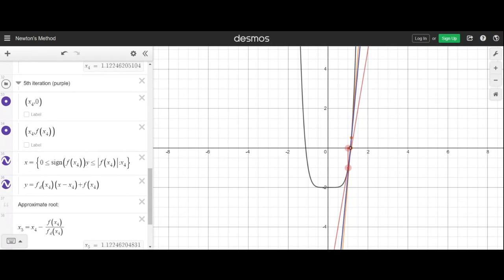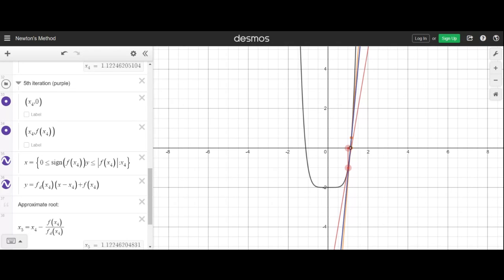Iteration means just x sub n plus 1 equals x sub n minus the quotient of the function of x sub n divided by the derivative of the function of x sub n. That's what an iteration is of Newton's method.